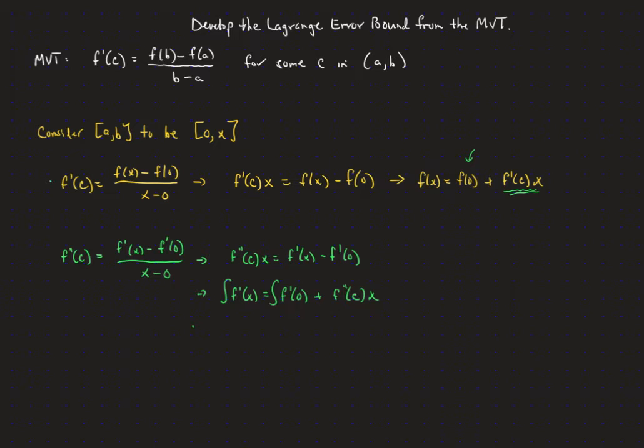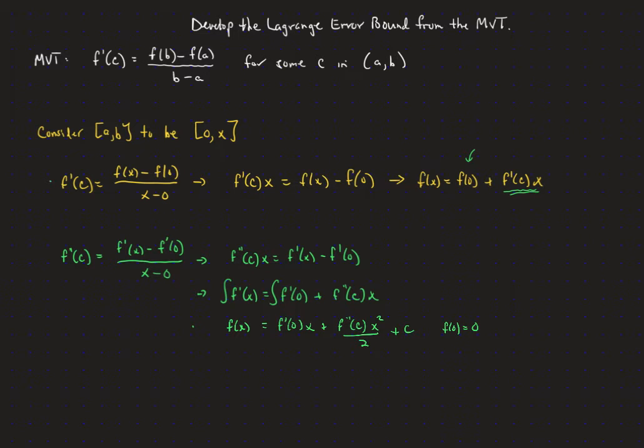The integral of f prime of x is going to be f of x. The integral of f prime of 0, which is just a number, with respect to x, is going to give us f prime of 0 times x, and we'll get this f double prime of c, that number, times x, will be x squared over 2. And then we'll get some constant. For our constant, we're going to use the initial condition.